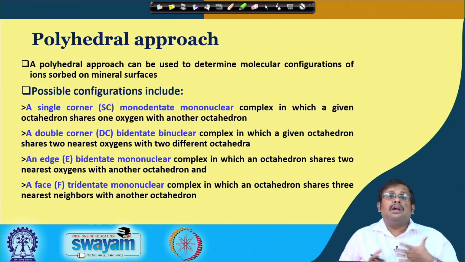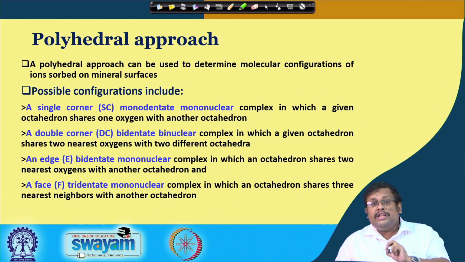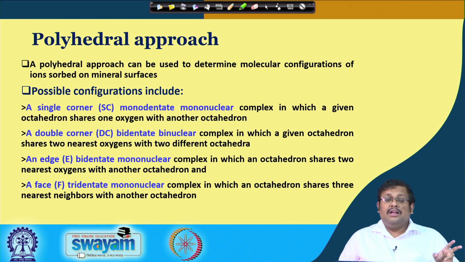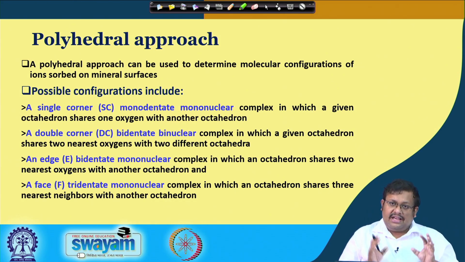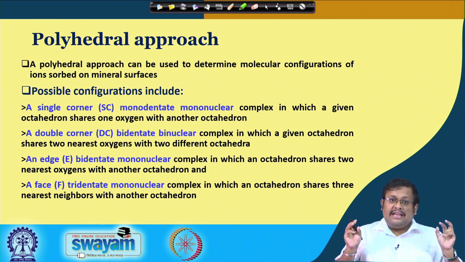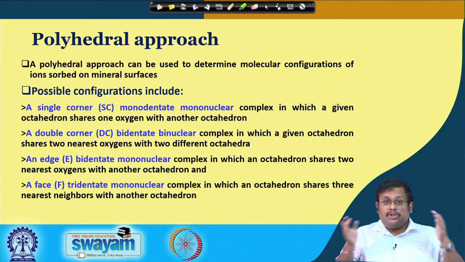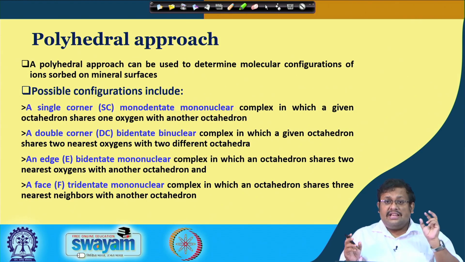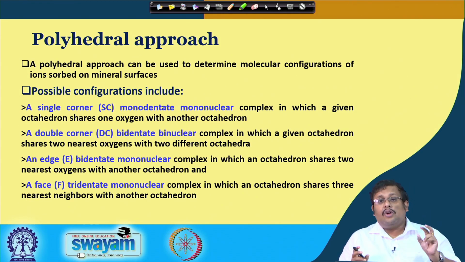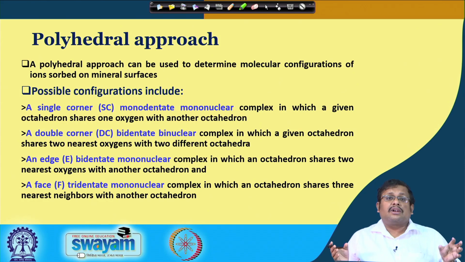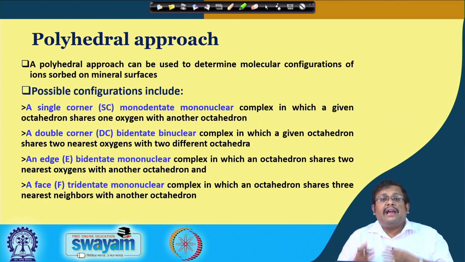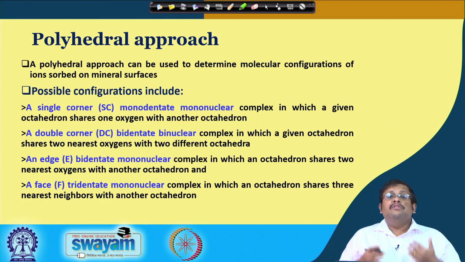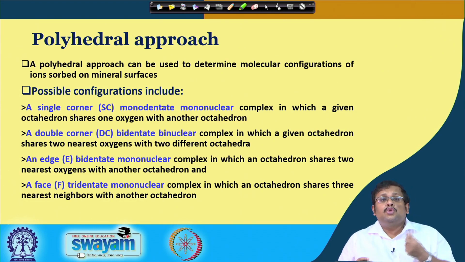Second is a double corner bidentate binuclear complex, in which a given octahedron shares 2 nearest oxygen with 2 different octahedra. So, we call it double corner bidentate binuclear, because it attaches with two oxygen and with two different octahedra. Third is an edge bidentate mononuclear complex, in which an octahedron shares two nearest oxygen with another octahedron.